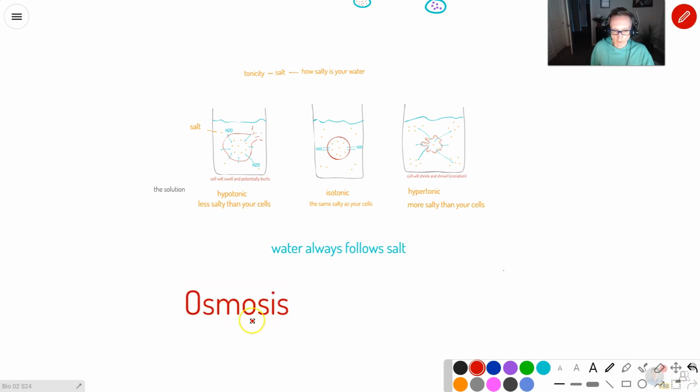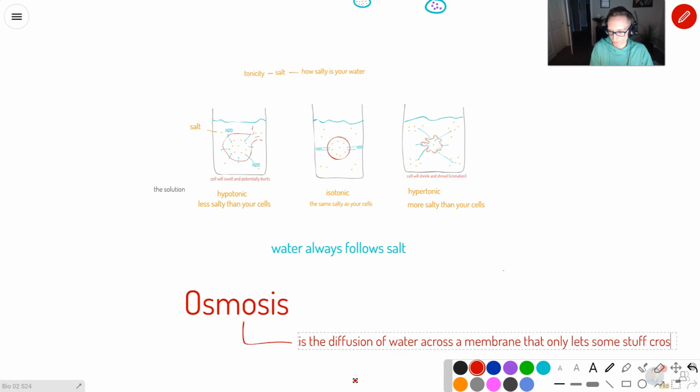What was diffusing across the membrane here? It was water. Osmosis is the diffusion of water across a membrane that only lets some stuff cross it. Another way to phrase that is across a semi-permeable membrane.